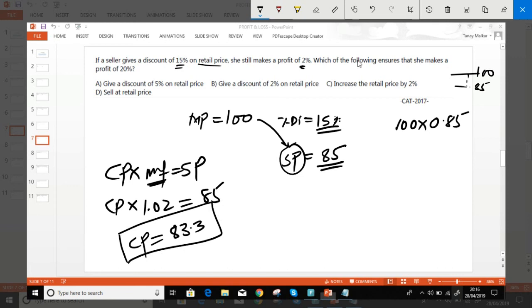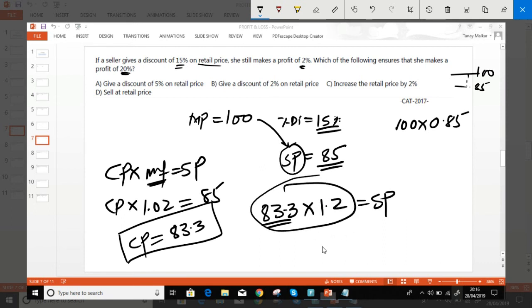Okay. Now, which of the following ensures that she makes a profit of 20%? In order to get a profit of 20%, we need to find the selling price. So this is my cost price multiplied by the multiplying factor for 20%, which will be 1.2, and this will be almost 100. So in order to get 20%, the seller needs to sell the goods at 100 rupees.